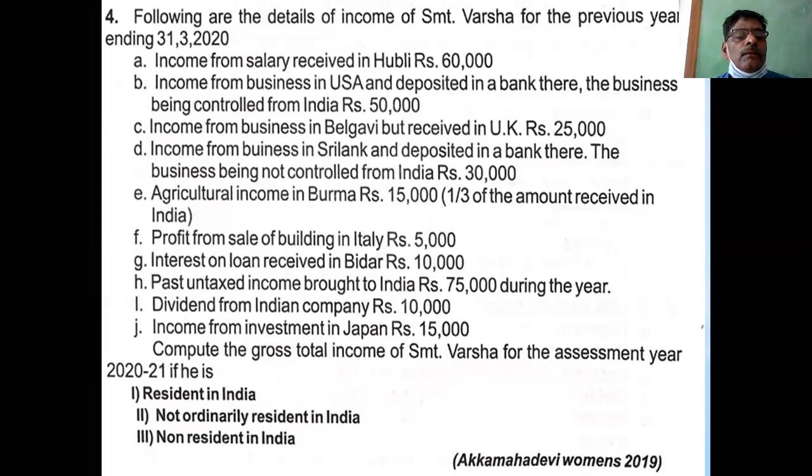And if it is controlled from India, you take it to the second column. But for your confusion, they have given the word not controlled. Therefore, it is taxable to only the first person, that is ordinary resident. 30,000 is taxable to only one.